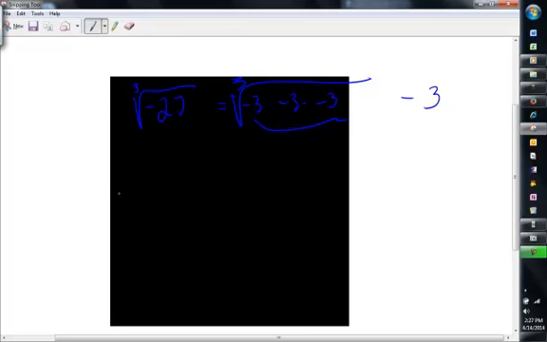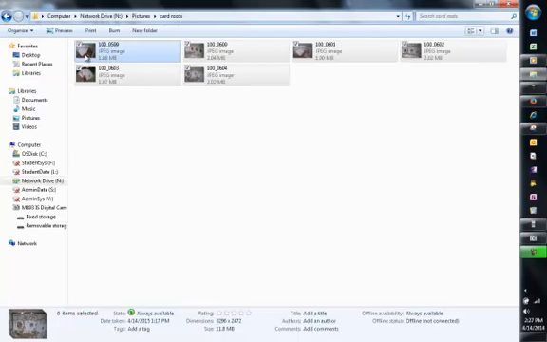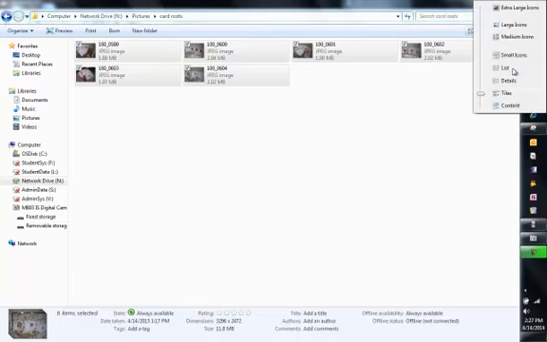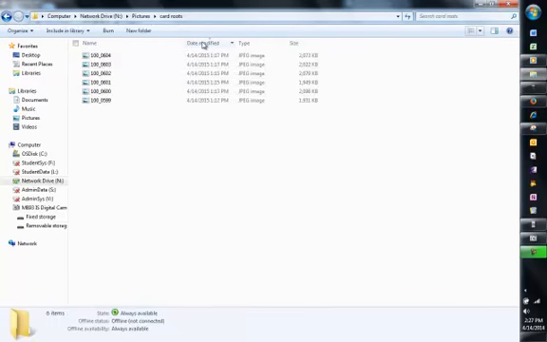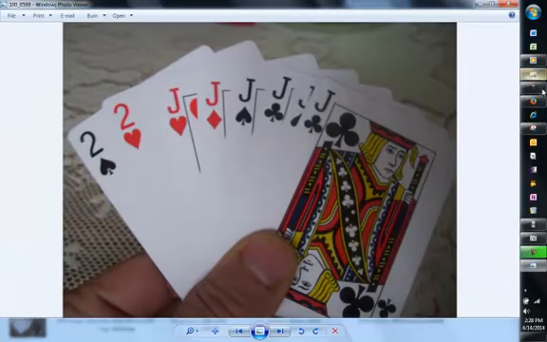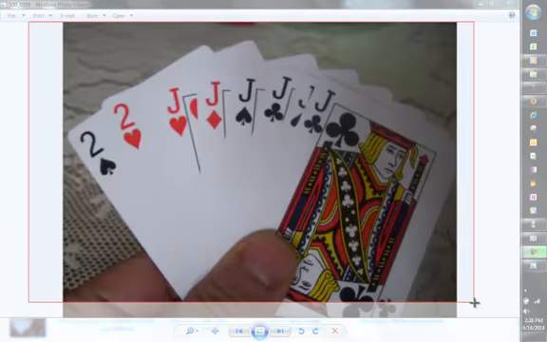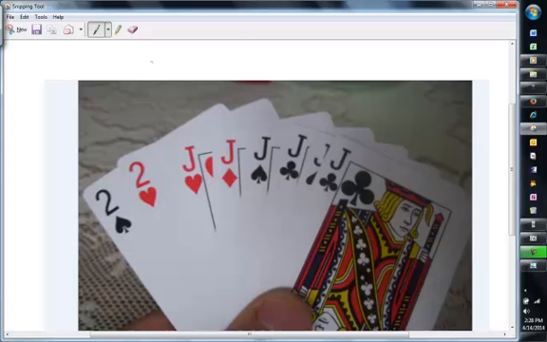All right, page 365. I'm trying to illustrate this with playing cards. So let's look at the first one here. I gotta get these in order here. First one first. Okay. So here we have a picture that tries to illustrate for you the square root of 4.